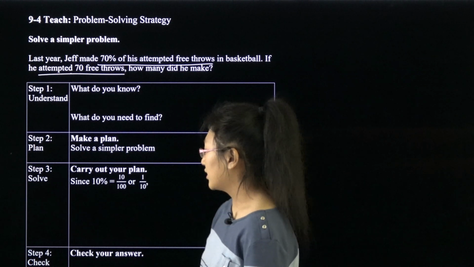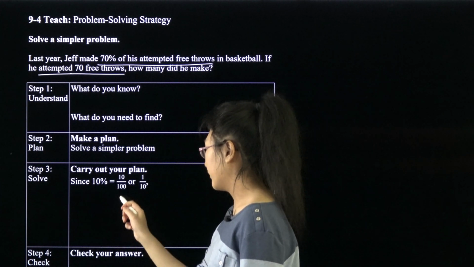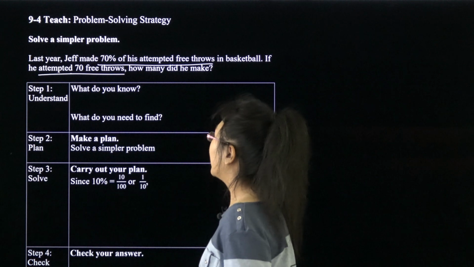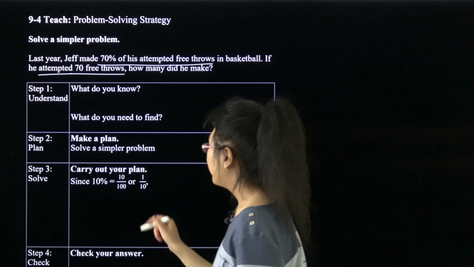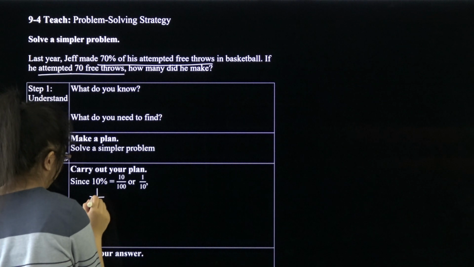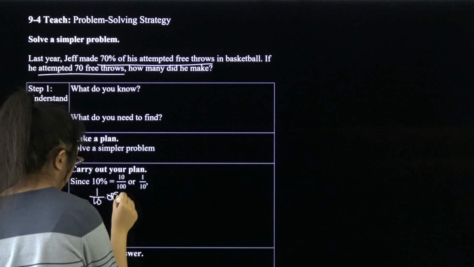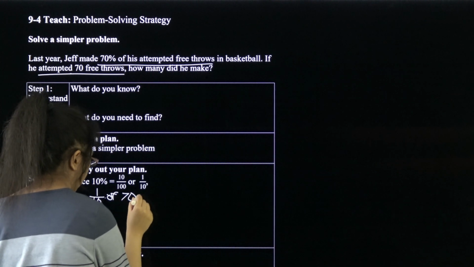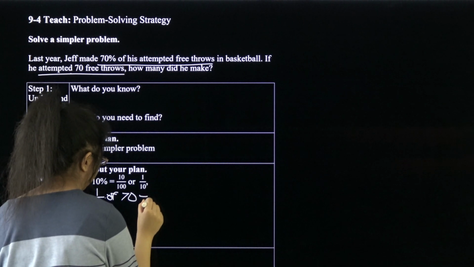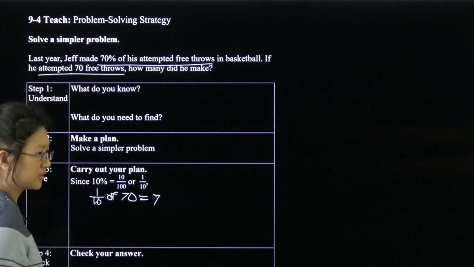So the simpler problem starts with, since 10% equals 10 over 100 or 1 over 10, then 1 over 10 of 70 is 7, and 7 would be 10%.